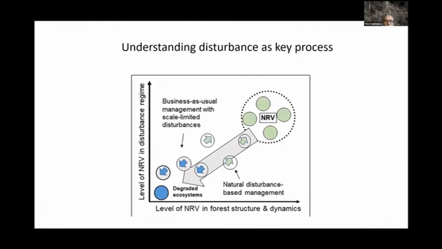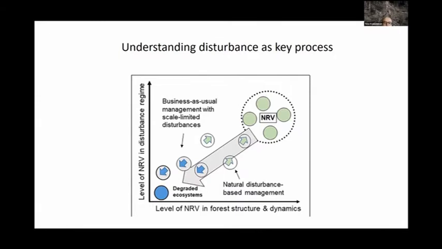And this picture tries to clarify it. At one time we have had a natural forest, here termed the natural range of variability forest. But because our current management system and its disturbance dynamics are so far away from the natural one, we have ended up with degraded ecosystems.